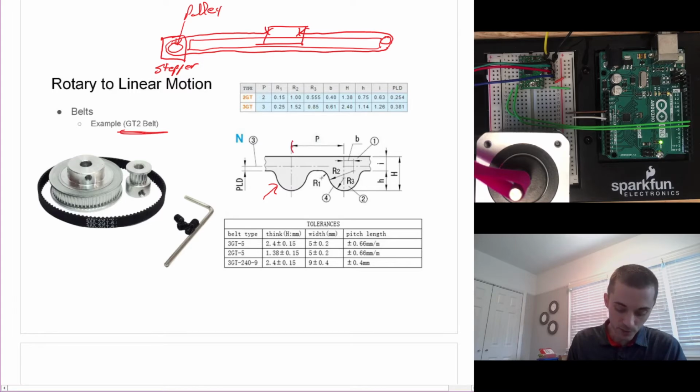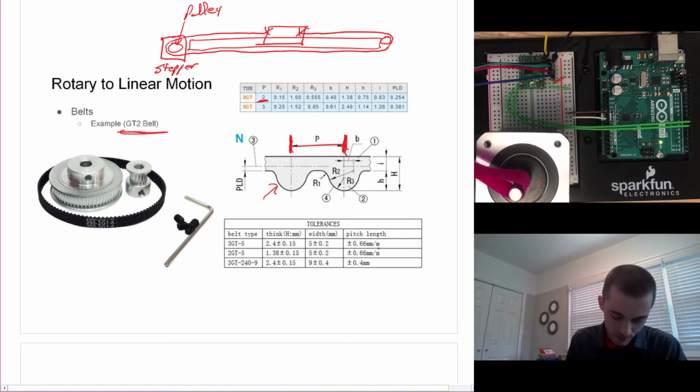And the pitch is what we really care about here. For a GT2, the pitch is 2 millimeters. And so it's from the center of one tooth to the center of the next. Did I grab the wrong diagram? No, the pitch is 2. What is this one talking about? Pitch length.